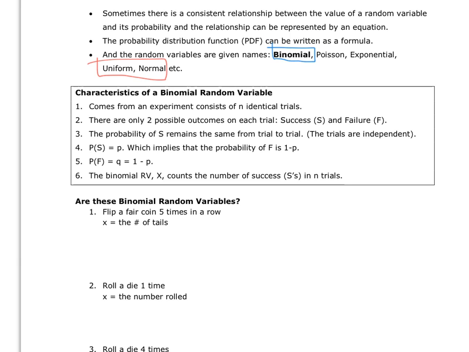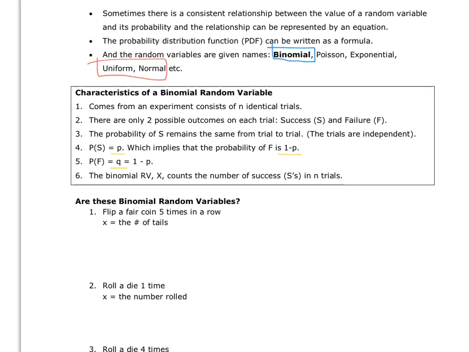So we call the probability of S, we use lowercase p to stand for that, which is going to imply that the probability of a failure is 1 minus p, and we use a q to label that. All right, so now we get down to the actual random variable. If we assign a value to the random variable and it counts the number of successes that we have in n trials, that is a binomial random variable.